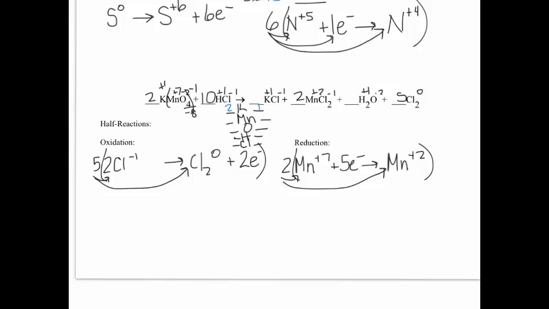And then Mn on the reactant side, when I distribute that 2 through, I have 2 Mn's. And on the product side, I also have 2 with the coefficient on the MnCl2. Oxygen on the reactant side, again, I have to distribute that 2, so that's 8.